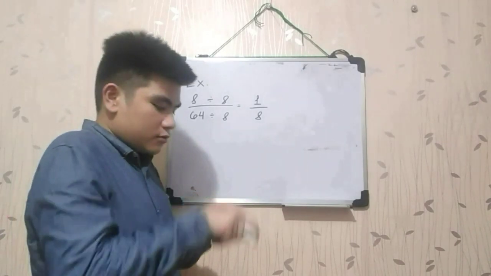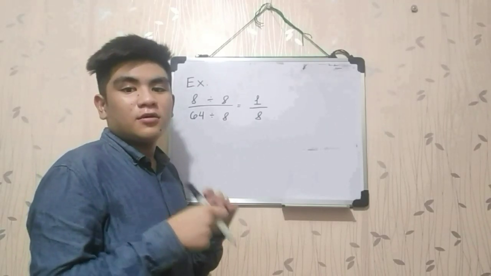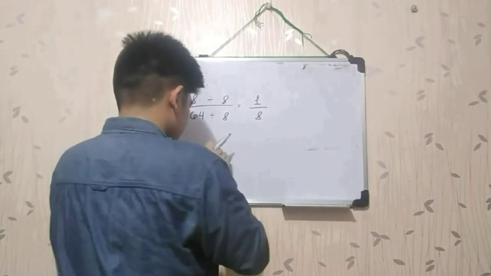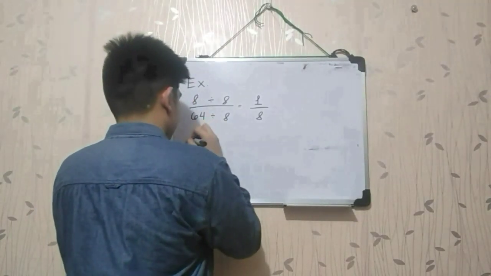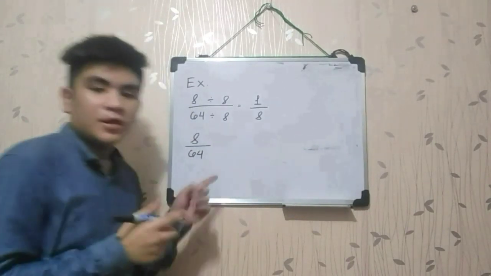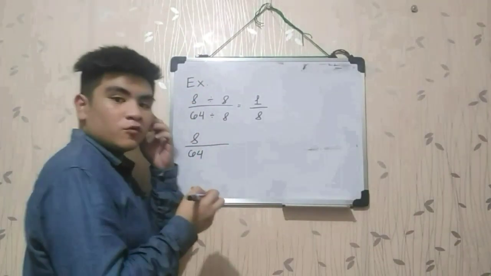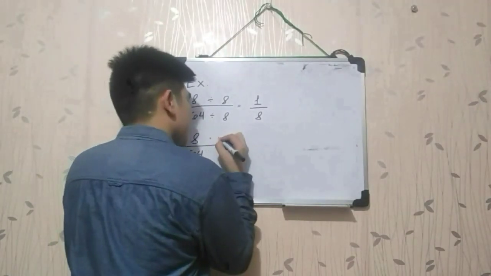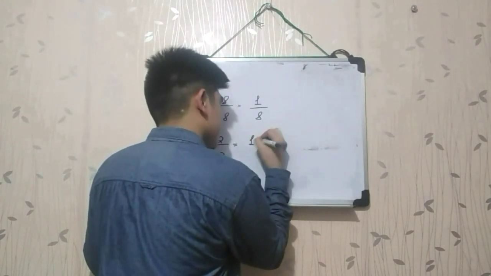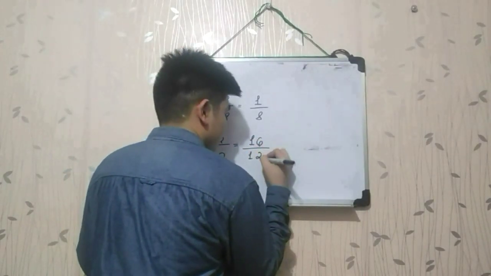We can also multiply it by a number so that we can raise the value of the denominator and the numerator. Now again, 8 over 64. If we multiply it by 2, the answer will be 16 over 128.